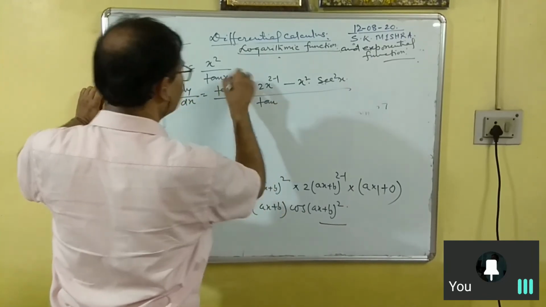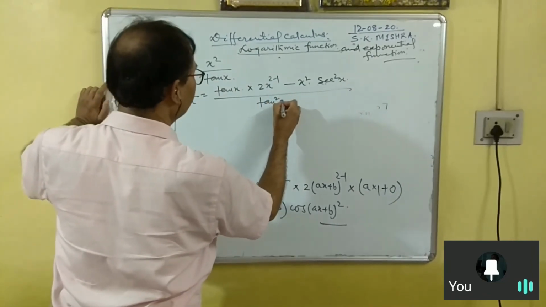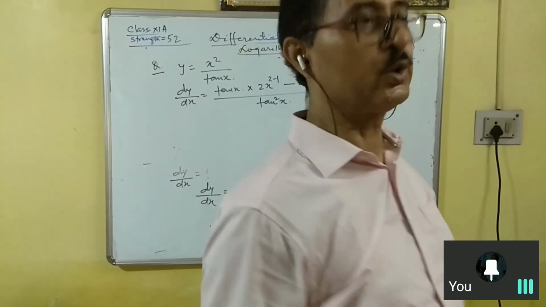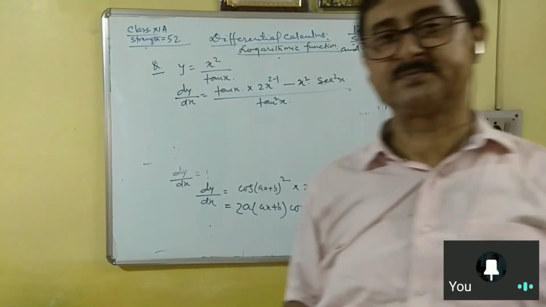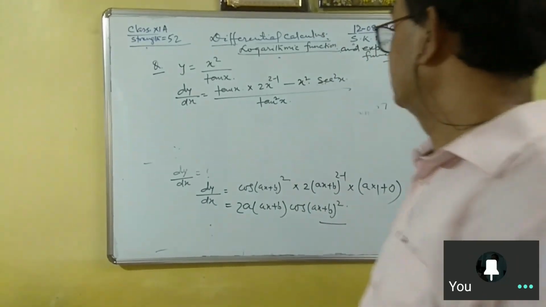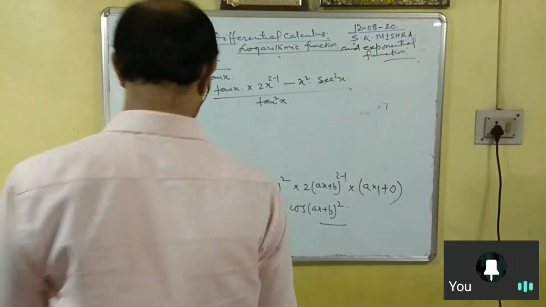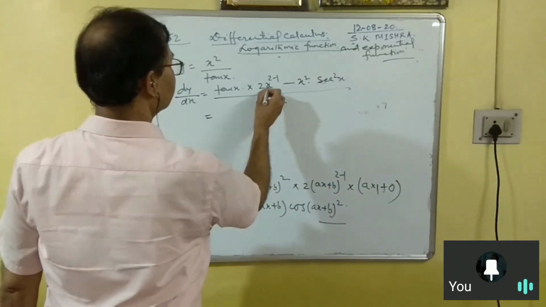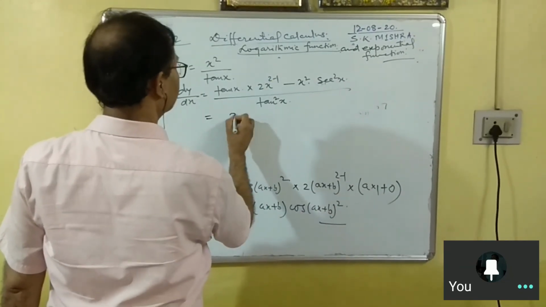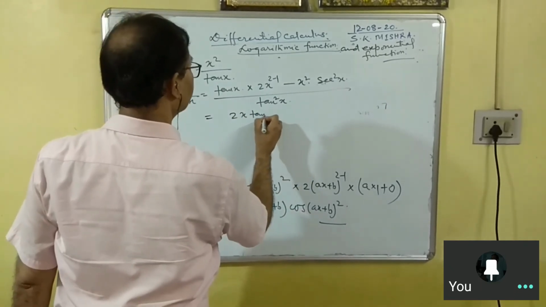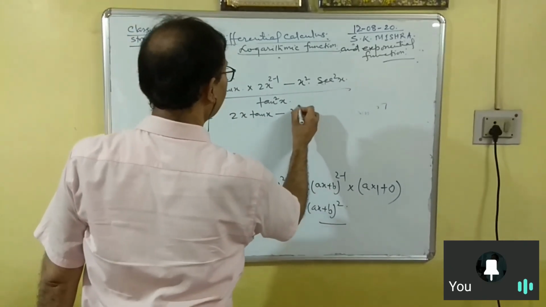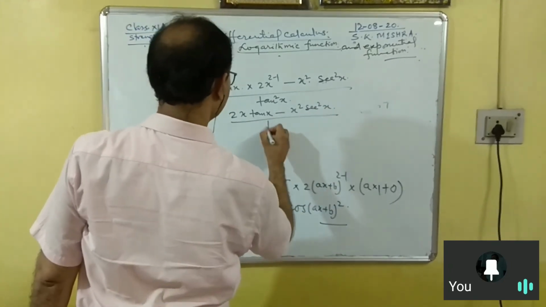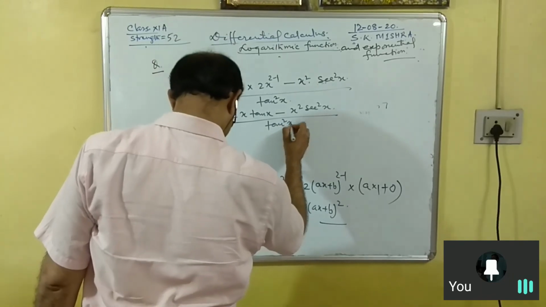So (tan x) whole square, that is tan² x. Don't write tan x². Sin x whole square, that is sin² x. So tan² x. The whole term, if you solve it a little bit, is (2x tan x minus x² sec² x) whole divided by tan² x.